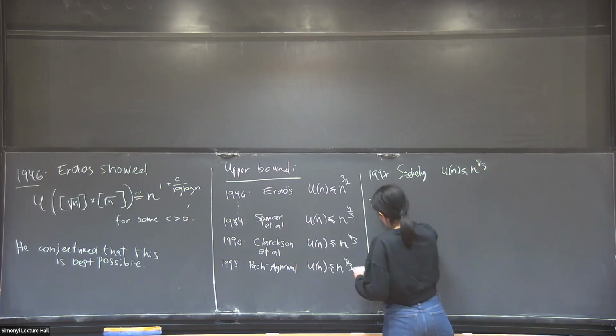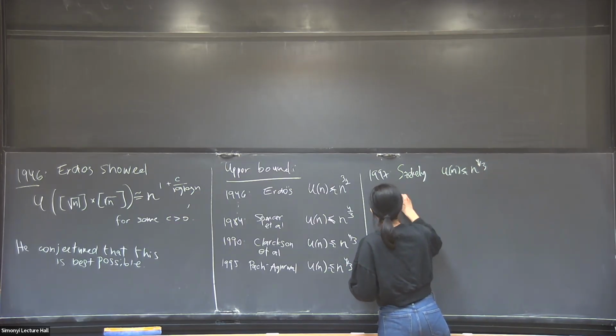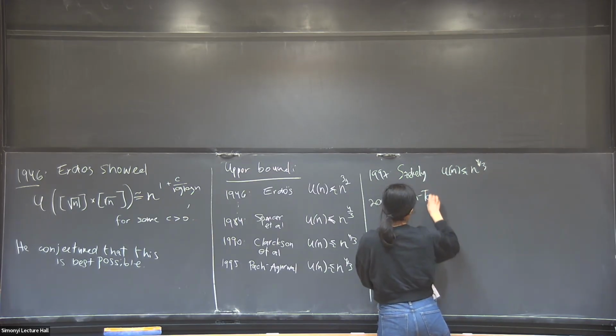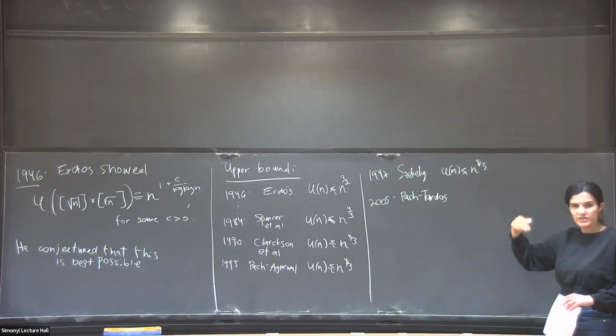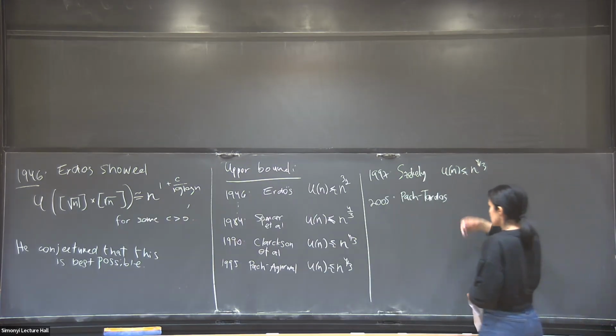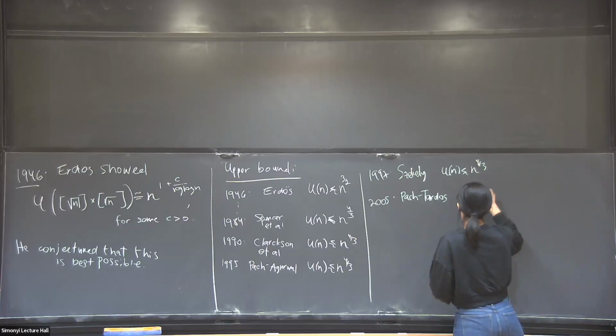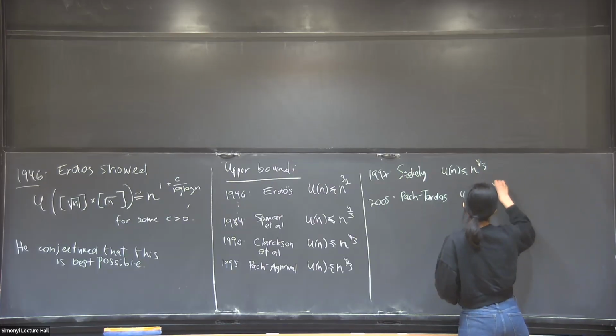Then in 2005, Pach and Tardos had a new idea on how to tackle this problem using forbidden subgraphs, and the technique gave u(n) at most n to the power 4/3.